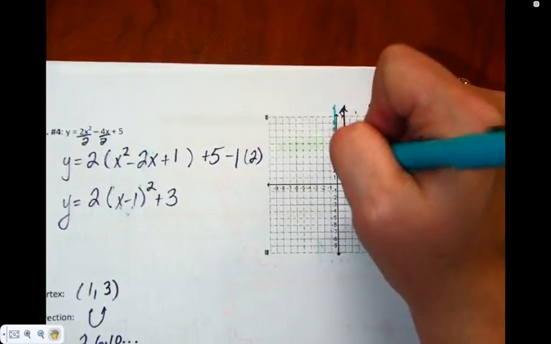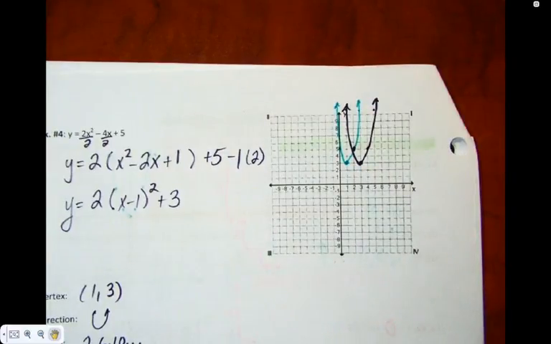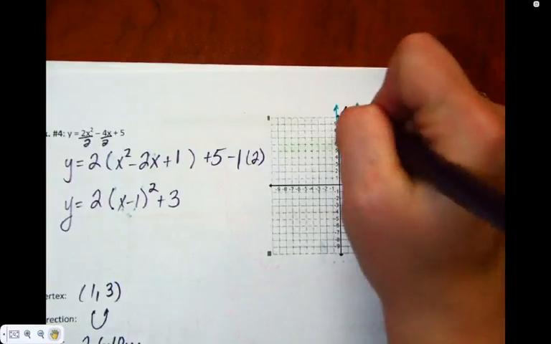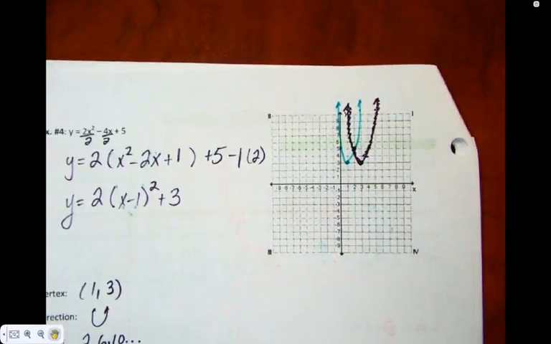Why is it so skinny? Because what's 2? The A value, the width is 2, so it becomes skinnier. Imagine, ladies, if we could eat twice as much and become twice as skinny. That would be lovely.